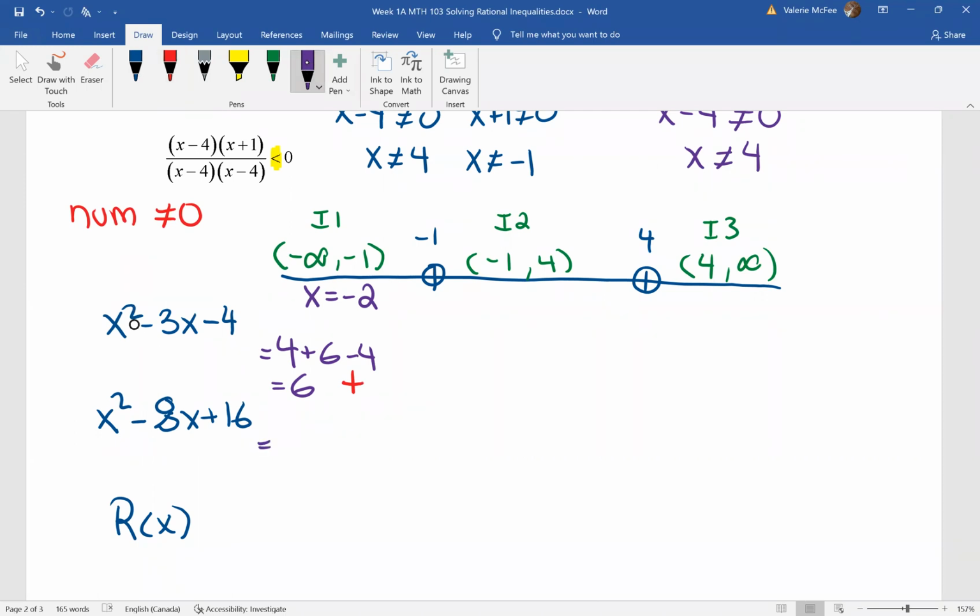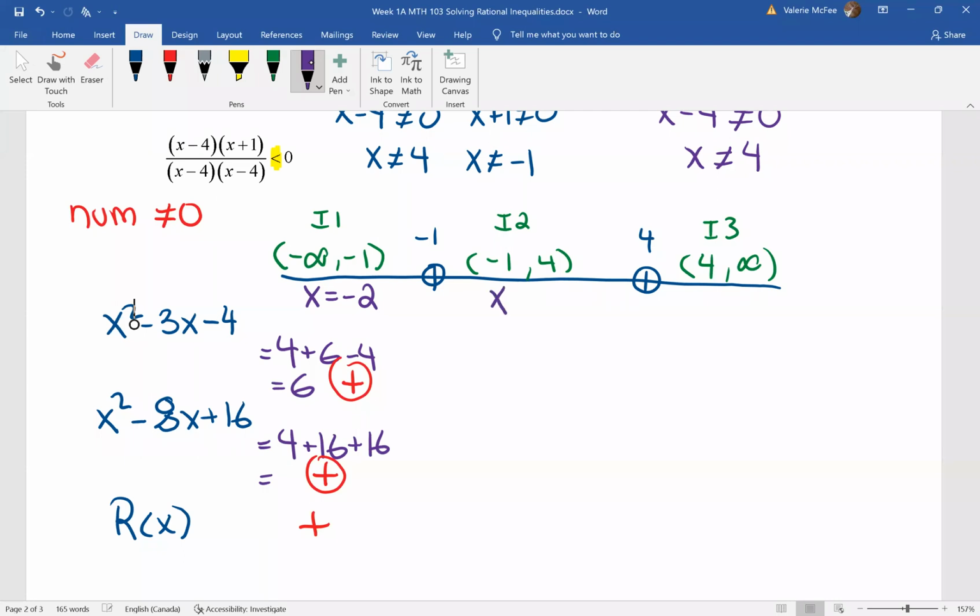Substitute -2 into the denominator. 4 minus 8 times -2 plus 16. Again, I don't care what this equals, but I can see it's going to be positive. When I have a positive value divided by a positive value, that tells me the whole expression will be positive.